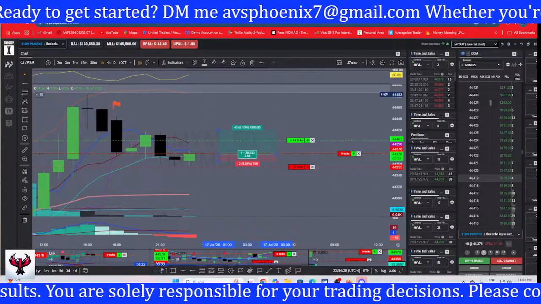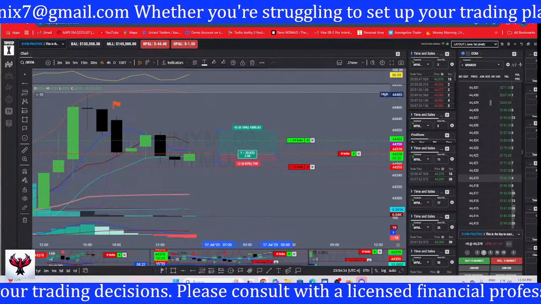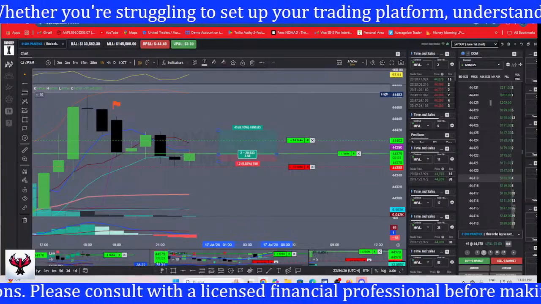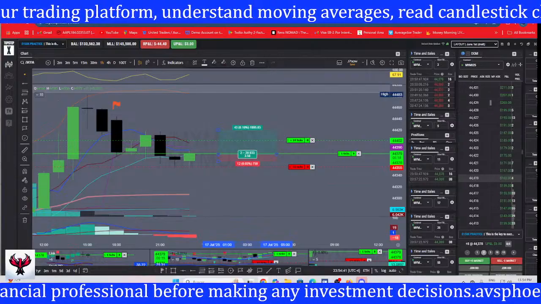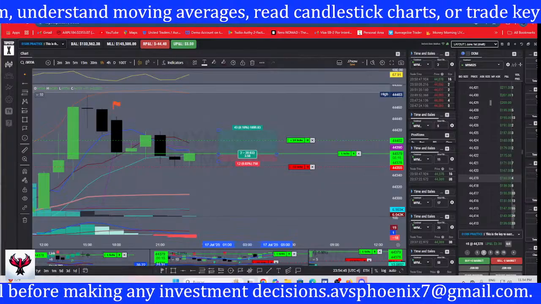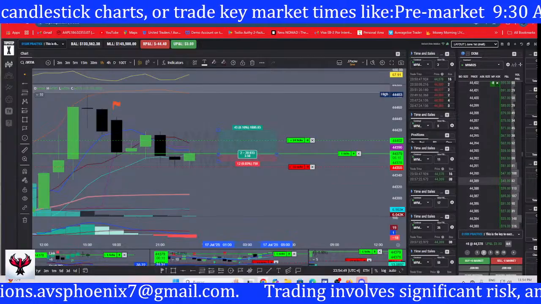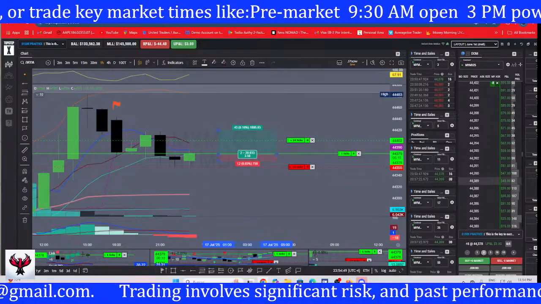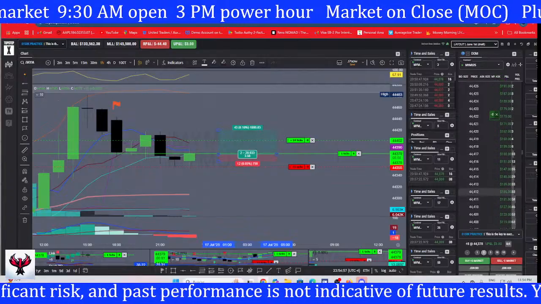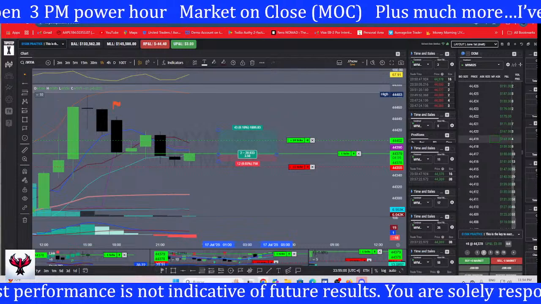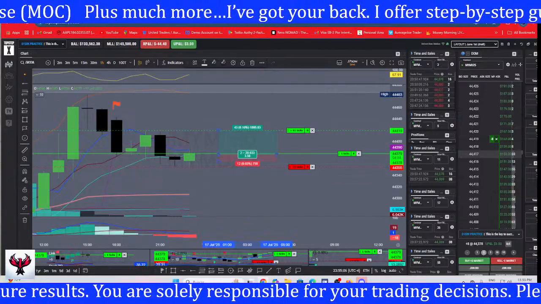I'm trying this thing. Time is 163. 41 ticks.